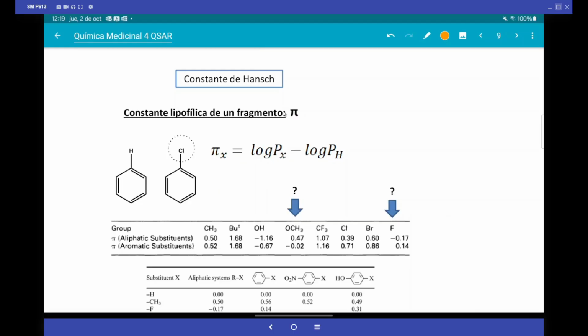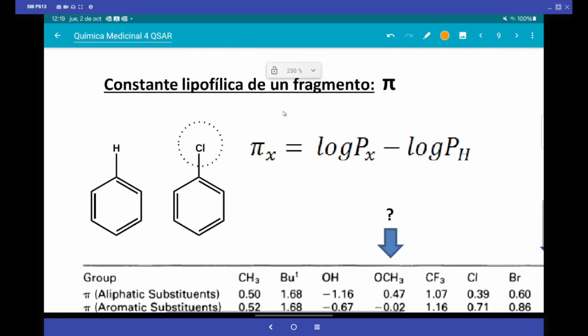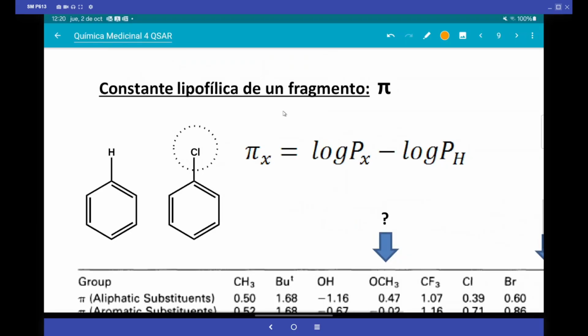So the question is how I calculate the lipophilicity of a fragment. The answer is to calculate the P of the entire molecule with the substituent X. Here is our chlorine, which is the substituent X. Calculate the lipophilicity of the entire molecule minus that of the molecule when it does not have the substituent X, that is, when there is hydrogen.